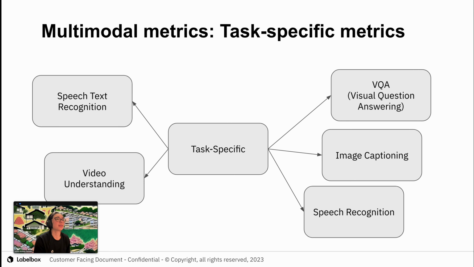We also have all the task-specific ones: for VQA, image captioning, speech recognition, video understanding, scene text recognition. For VQA, you can have accuracy, you can have MRR, mean reciprocal rank, you can have visual grounding.